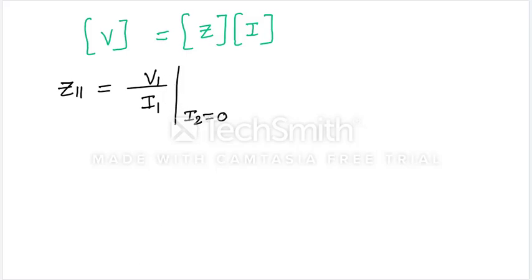This is voltage by current, so the units are ohms. So z11, v1 is in port 1, the input, and i1 is the port 1 current. So I can say this is the driving point input impedance.